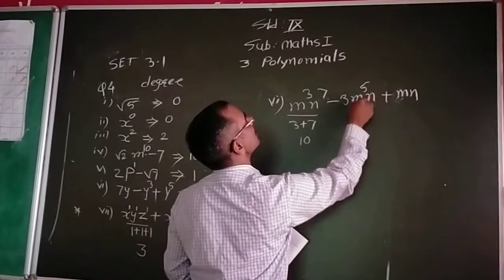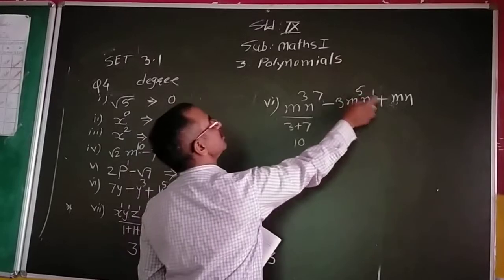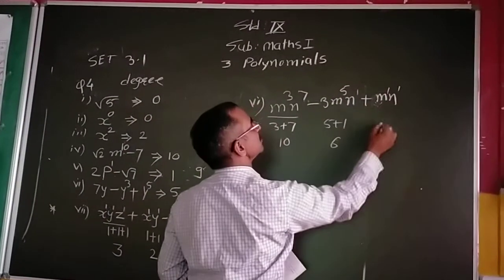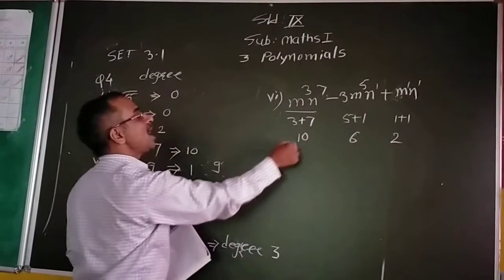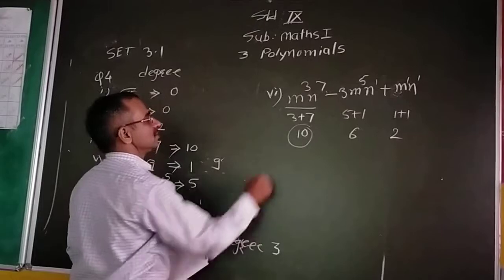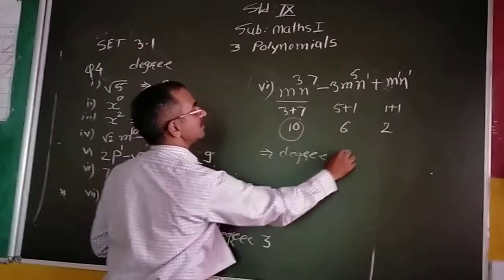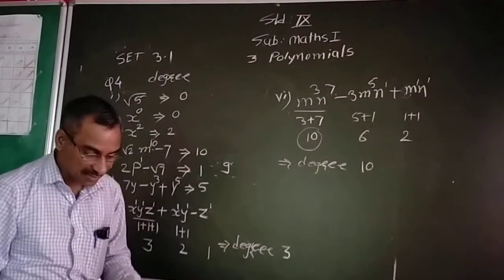There are 2 variables. It is not having a power, so it is considered as 1. 5 plus 1, it is 6. And here is 1 and 1. 1 plus 1 is equal to 2. From this, which is the highest? 10. So degree is 10. So we solved that question.